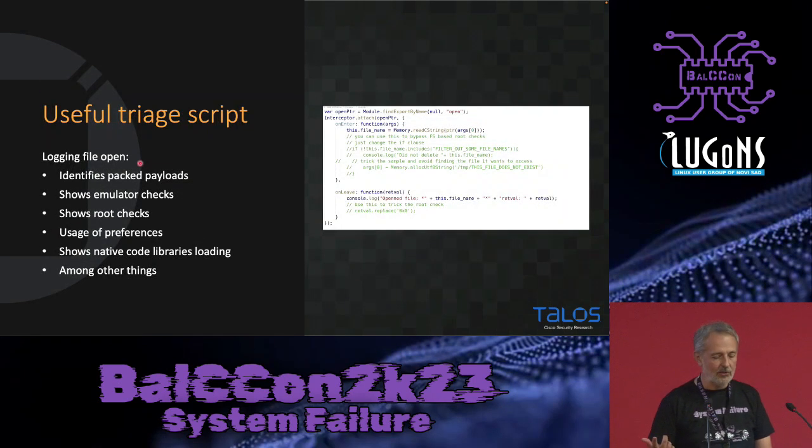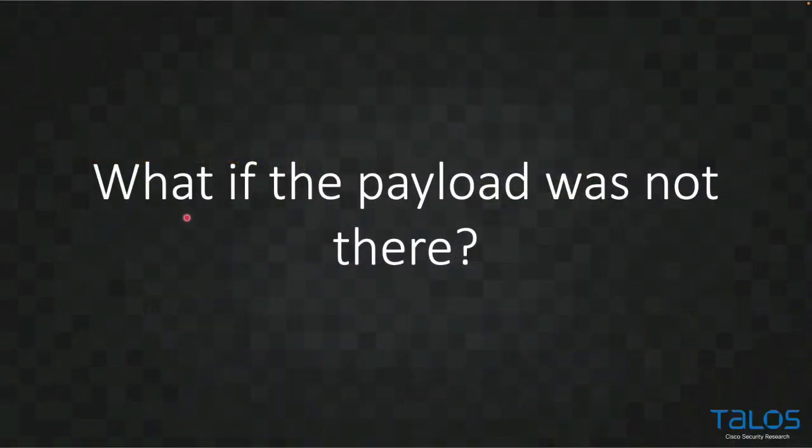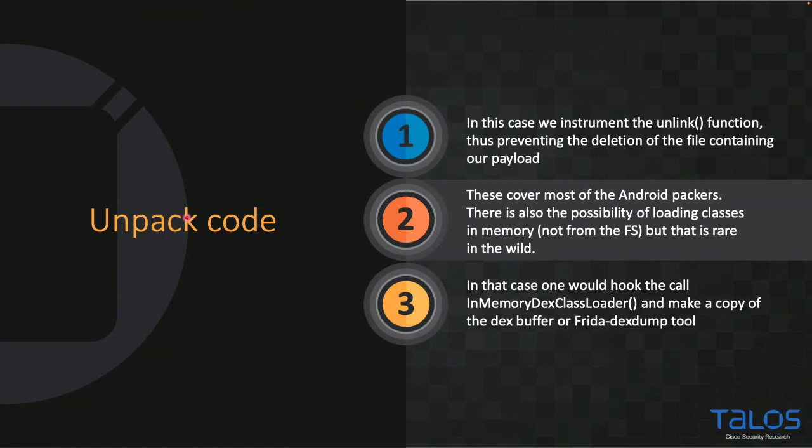And so I already mentioned that you can create a triage script which will log all the opens in the operating system by that particular file, and then it tries to open this file, tries to open that file, and then you will get the file names which are probably quite suspicious to be the actual next stage. So if the payload was not there, then we can try to instrument the unlink or delete function.